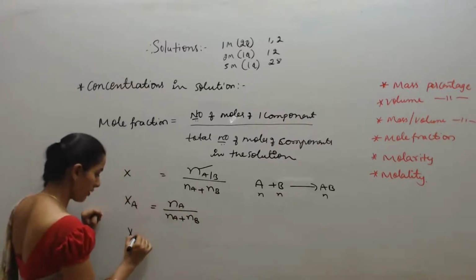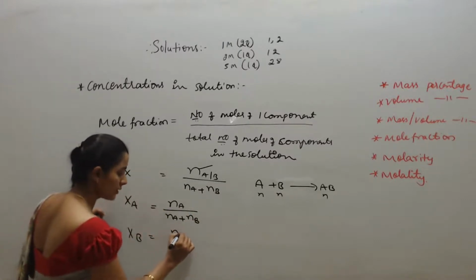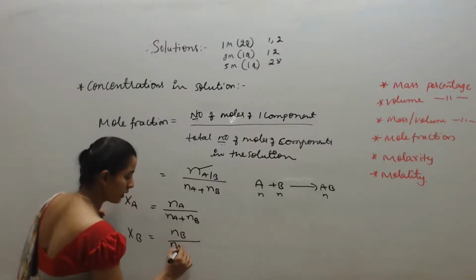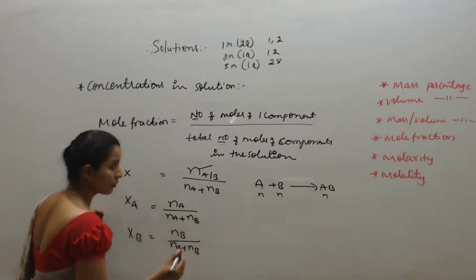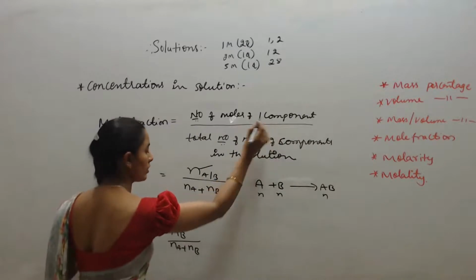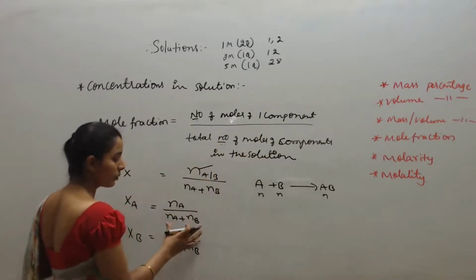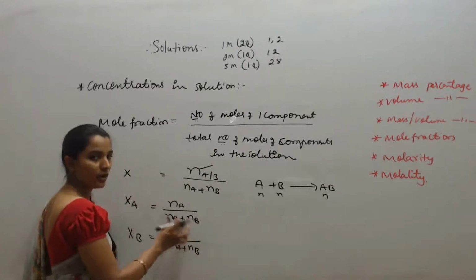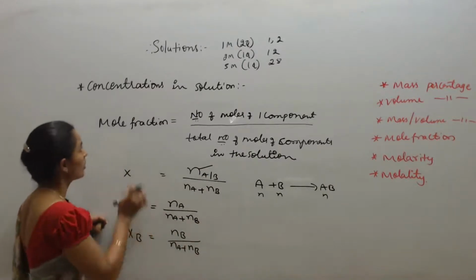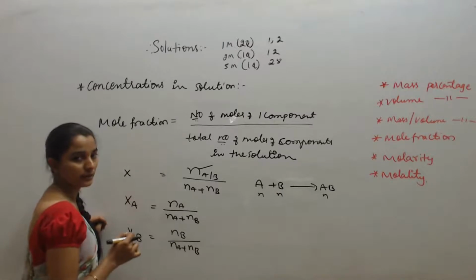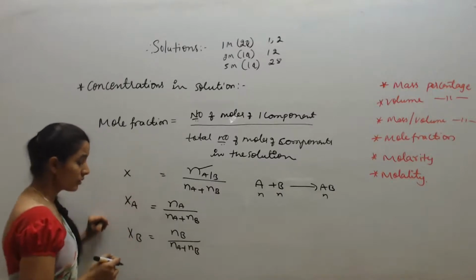If we want the mole fraction of the solvent, then it is Nb divided by Na plus Nb. So I told you, the number of moles of one component, either solute or solvent, to the number of moles of all components in the solution, both solute and solvent, gives the mole fraction. Understood?